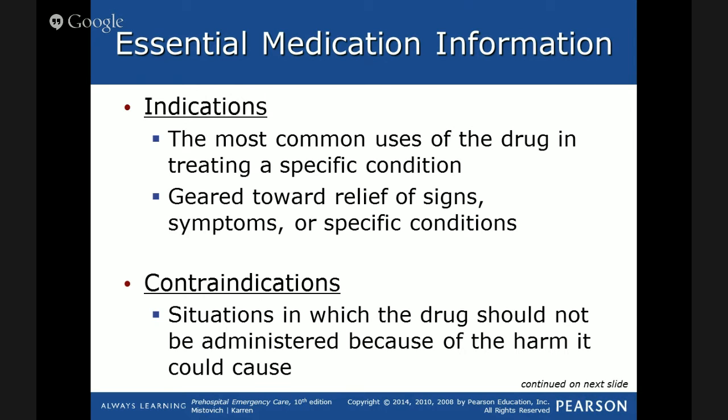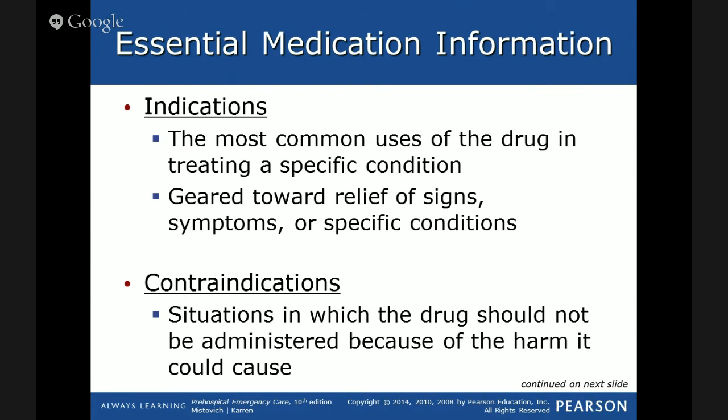So, nitroglycerin, we're giving it because somebody's having chest pain, and we're going to give it to try and alleviate the chest pain itself, which is a sign or a symptom, by alleviating the specific condition of decreased blood flow and oxygenation to the coronary arteries. Does that make sense?